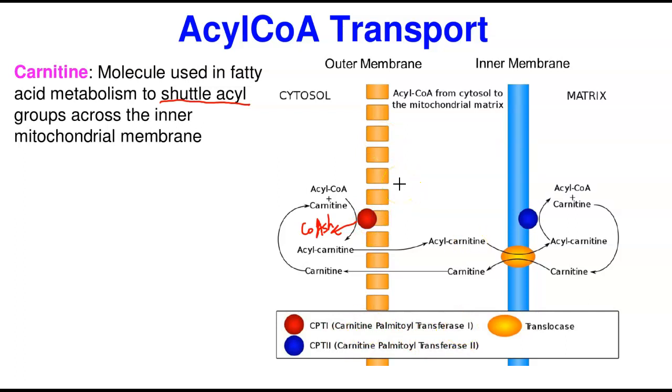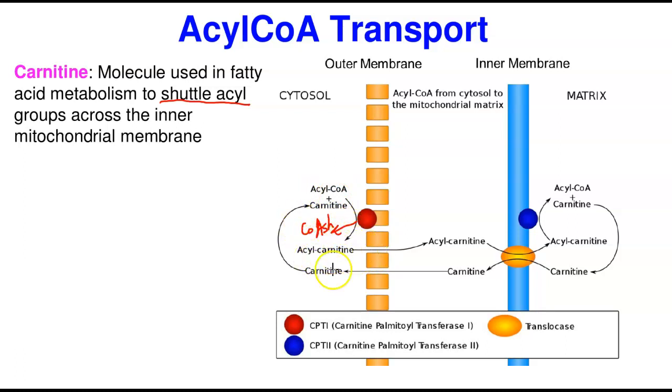CPT1 is located in the outer side of the outer mitochondrial membrane, and it is specific to catalyze the transfer of an acyl group from fatty acids between C14 to C16. It is very specific for it, and that is why we call it carnitine palmitoyltransferase, CPT1. CPT1, located in the outer part of the outer mitochondrial membrane, catalyzes the transfer of this acyl group from acyl-CoA to carnitine to form the acyl-carnitine and losing the CoA.